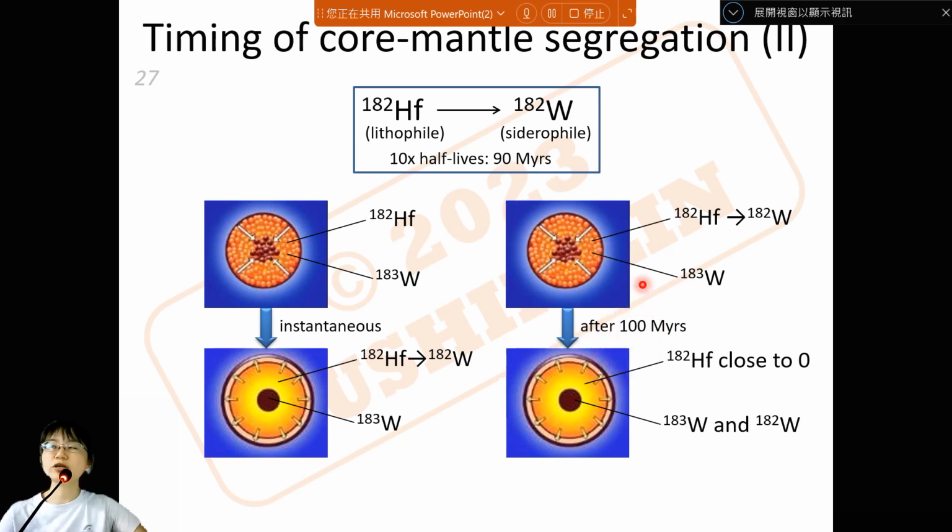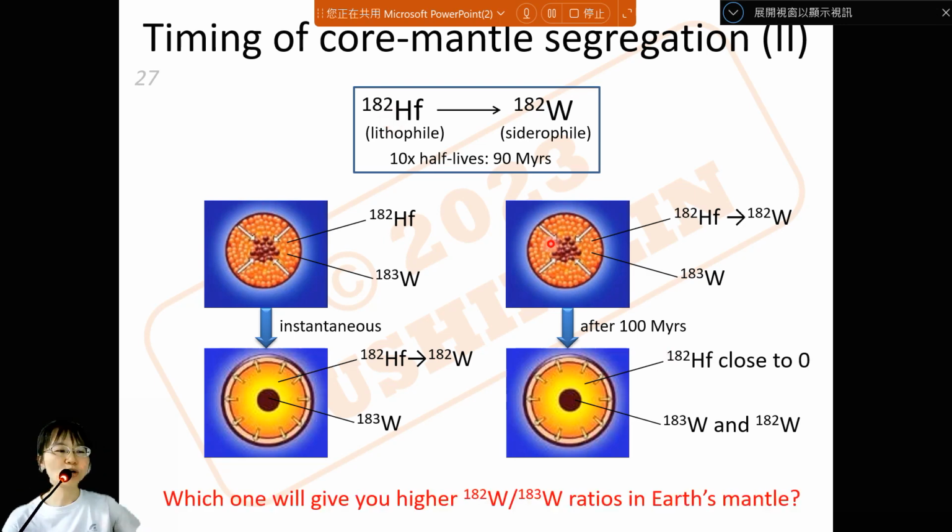If the segregation is a slow process and even after 100 million years it is still going on, over time, tungsten-182, which is derived from hafnium-182, will go together with tungsten-183 to the core. The hafnium-182 at the end will be close to zero because it is a very short-lived isotope. Actually, hafnium-182 is an extinct isotope.